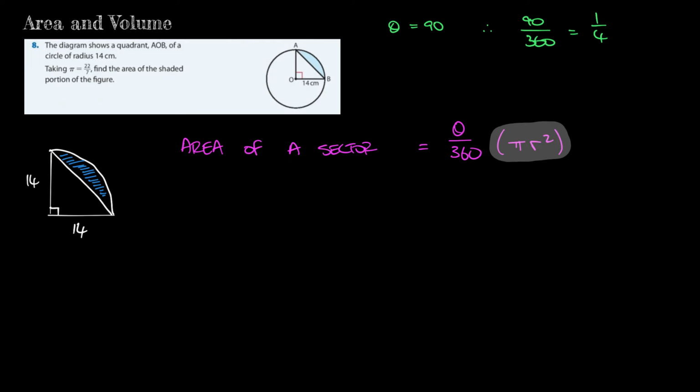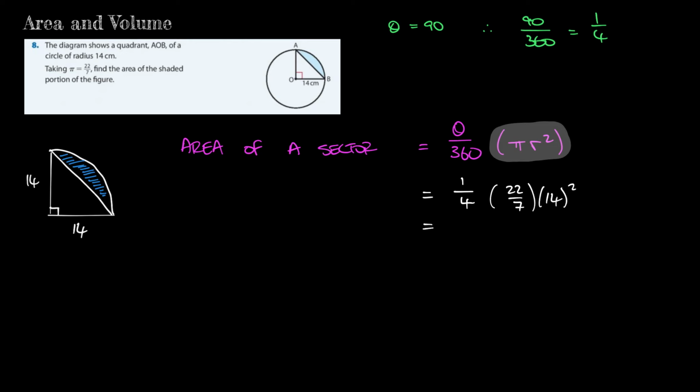Okay, so I'm going to fill in that information down here. Theta over 360 ends up being 90 over 360, which simplifies down to 1/4. So I can put in 1/4. And inside here for pi r squared, I can put 22/7 for pi. And for r squared, the radius squared is going to be 14 squared. If I was to work out what that is, I'd have to type it into a calculator.